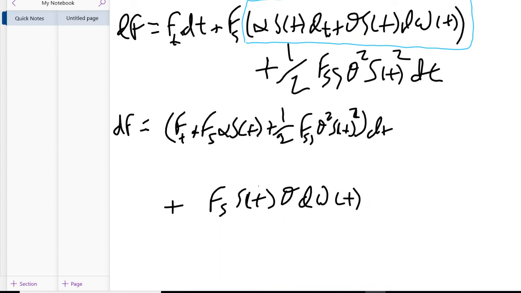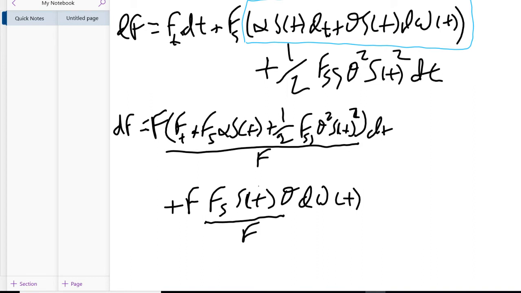Now, like I said, we're going to do a little trick here: let's multiply and divide everything by f itself. So we'll have that times f, and then divide this part by f, and the same idea over here, we can have f times it, and then divide this part by f.